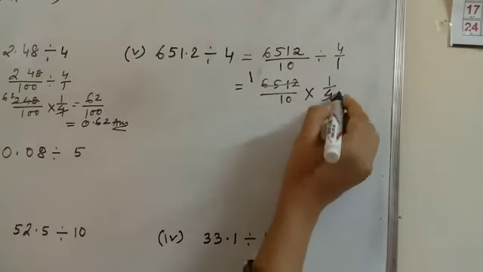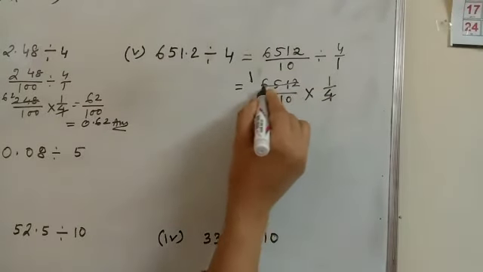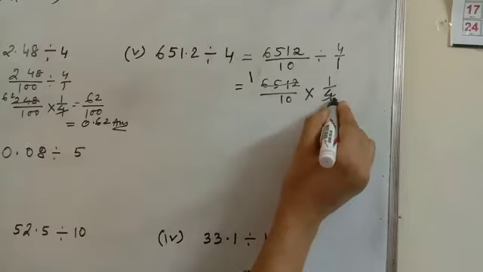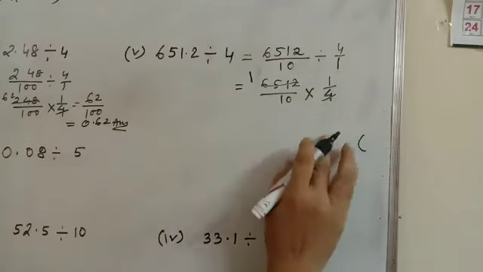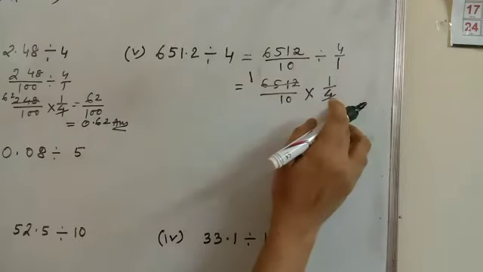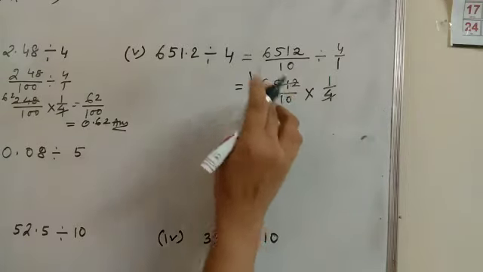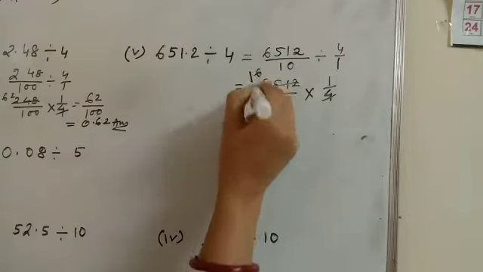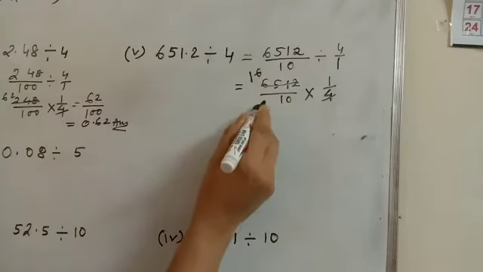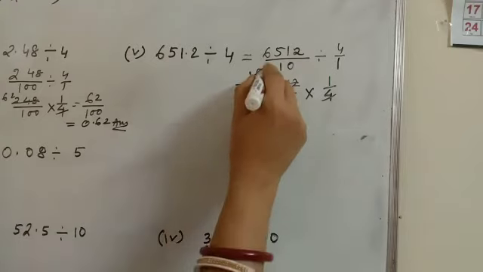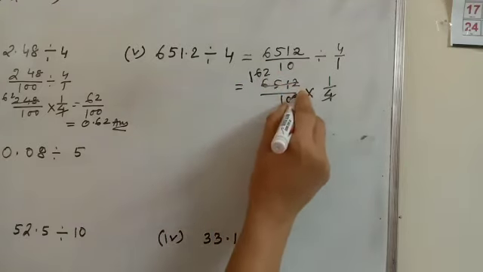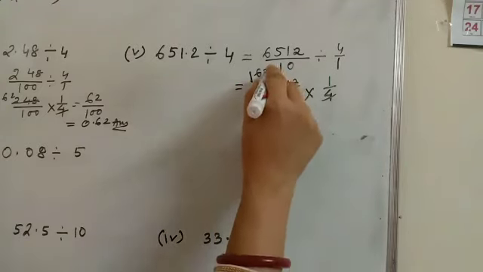Sorry, you are dividing 6512 by 4, and if you want to divide, you can do it on the rough side also. 4 1s are 4, 4 5s are 20, 25, 4 6s are 24, 1 carry, so it is 11, 4 2s are 8, and then it is 32, so 4 8s are 32.